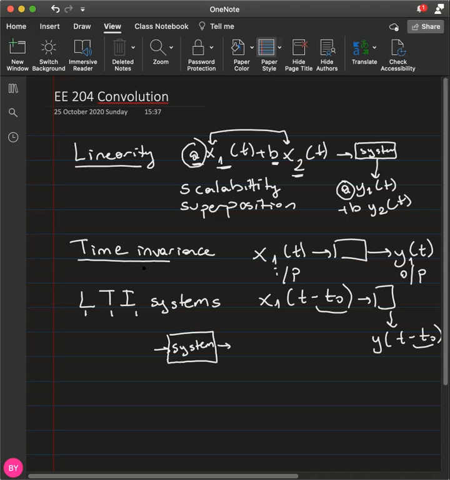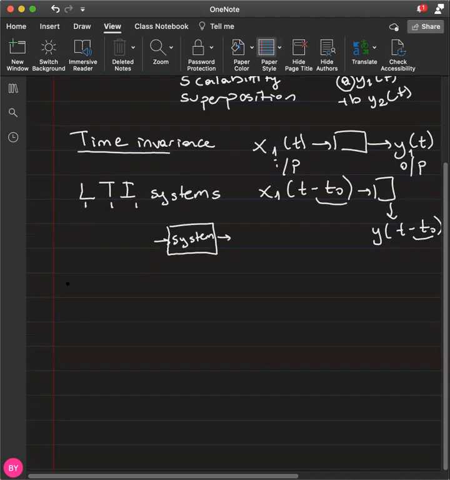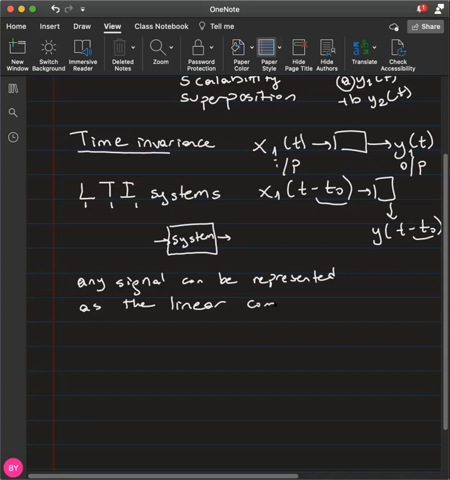What is important about LTI systems is this property: any signal can be represented as a linear combination of basic building blocks.